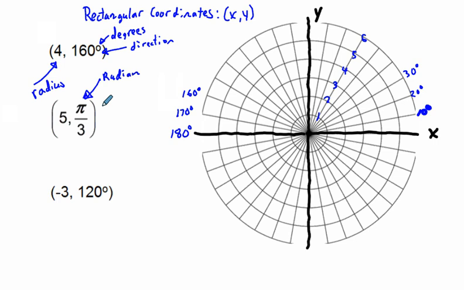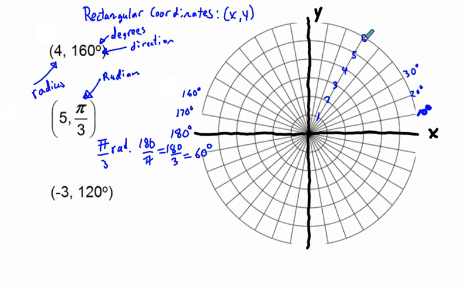Now what is pi over 3? Well, if you don't remember what it is, you can convert that to degrees by multiplying this by 180 degrees over pi. So pi over pi cancel, and we have 180 over 3, which equals 60 degrees.